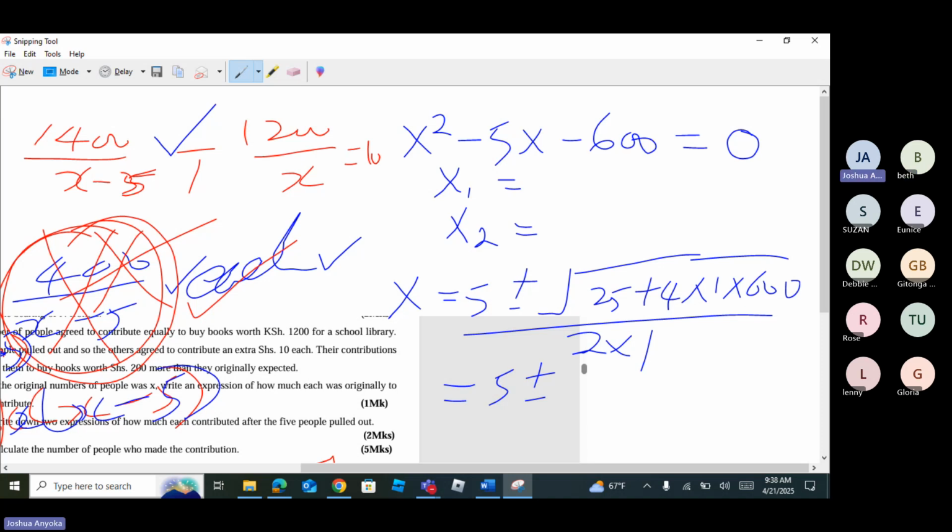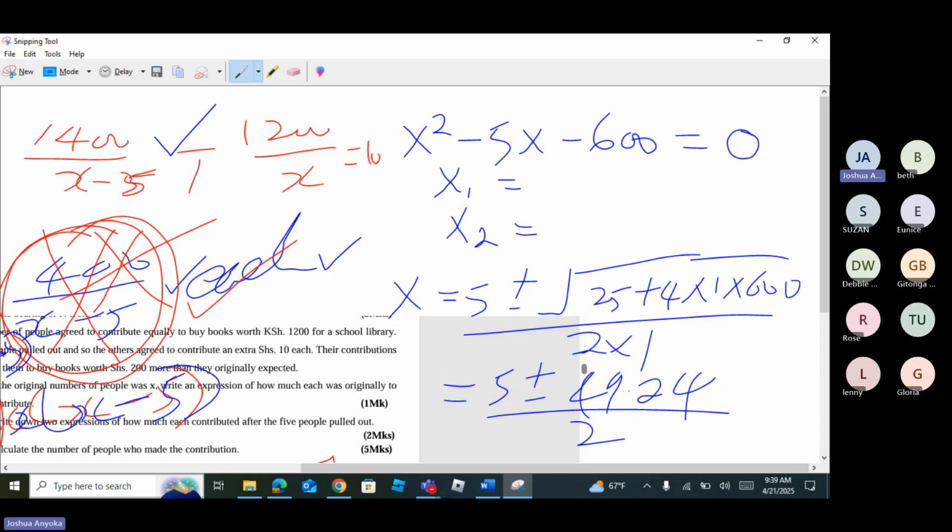What do you get? 49.24. So what is the value of x1? Why is it misbehaving?